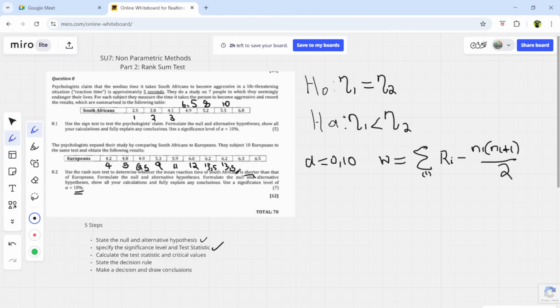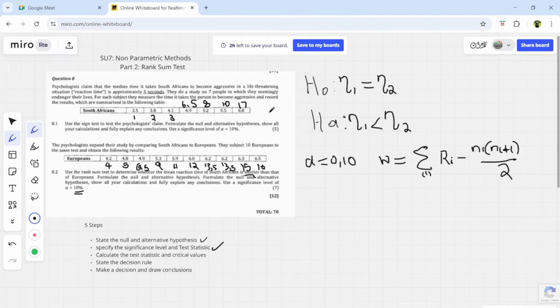And then 6.3 is going to become ranking number 15. 6.5 becomes ranking number 16, and then we have 6.8 as ranking number 17. That is the last ranking, number 17.